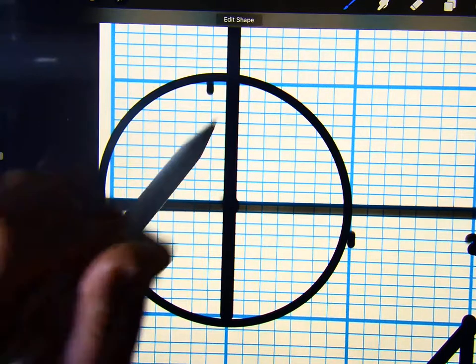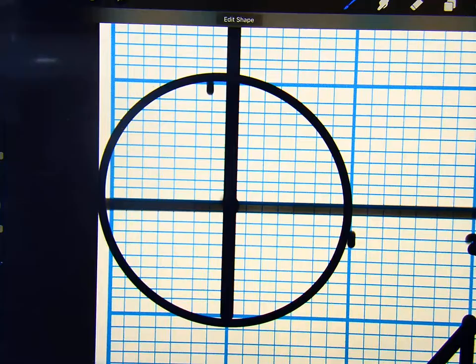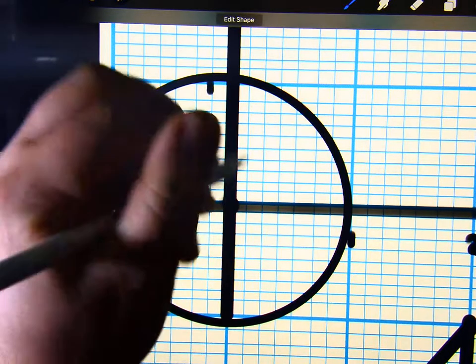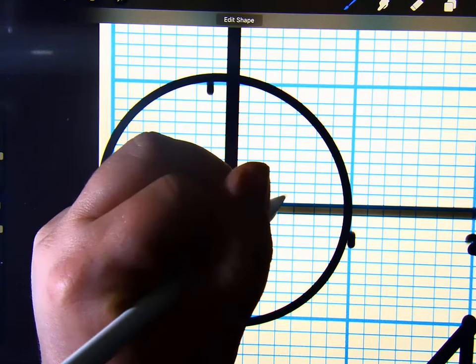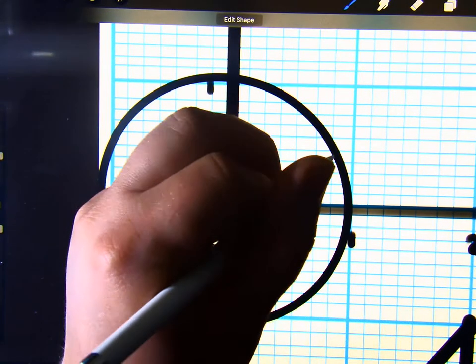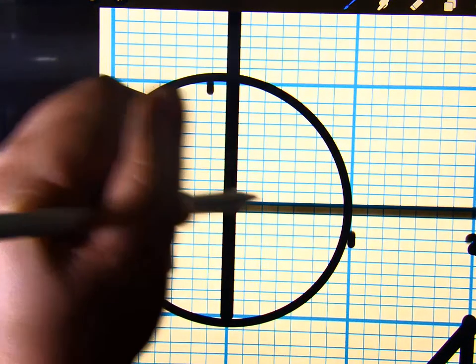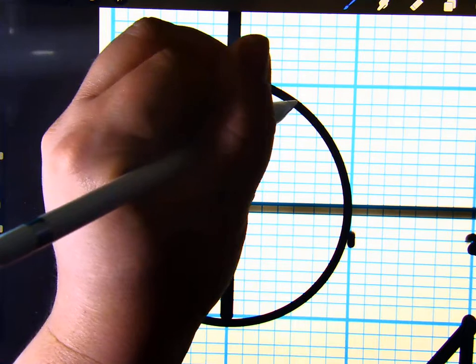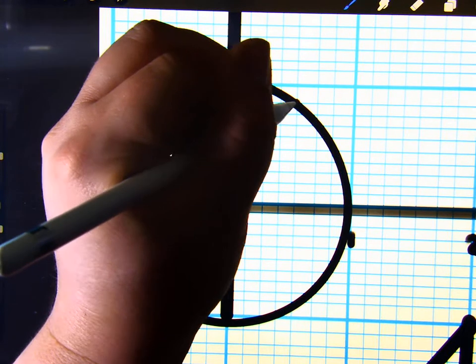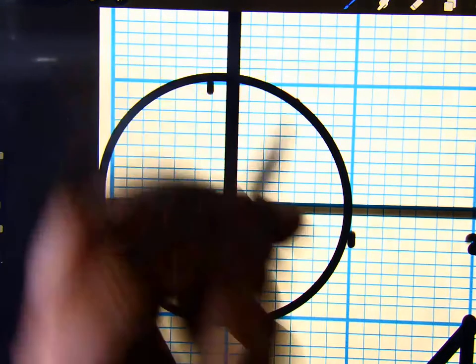A little rough, but it'll work for us. So let's see here. We had radical 3 divided by 2 is basically 0.86. Oh, and that's our y.